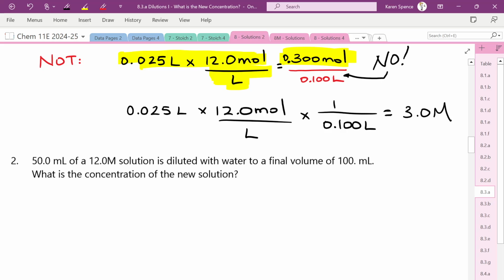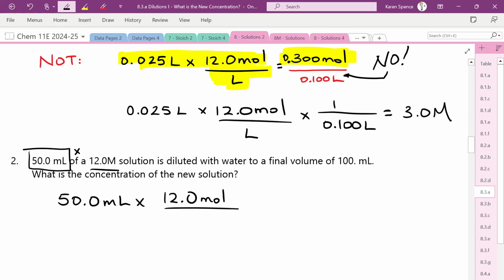Watch what happens here. We can say I have 50 milliliters of 12 molar, 12.0 moles per liter. And if I calculate that, I get 50 times 12 is 600.